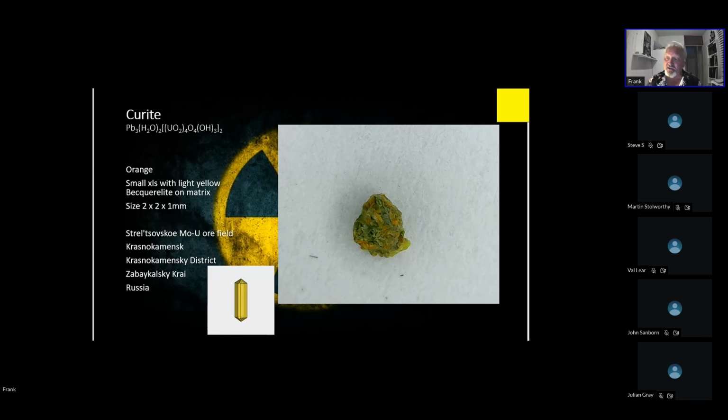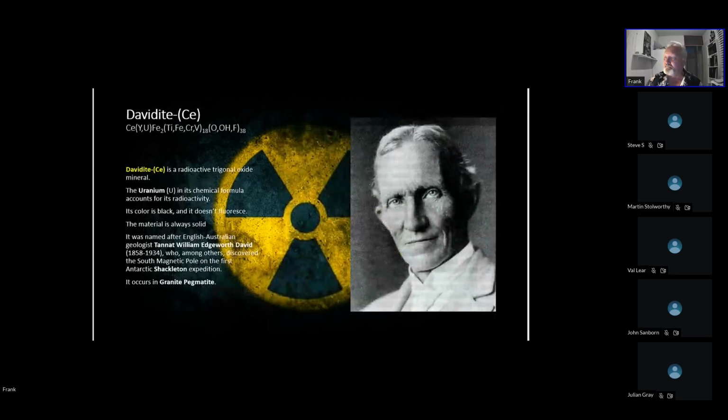It can occur in breccia, shale, or dolostone. Mine is a small piece again, 2 by 2 by 1 millimeter, and it shows small orange crystals with light yellow becquerelite on matrix from the Streltsovsky molybdenum-uranium ore field in Zabaykalsky Krai in Russia.